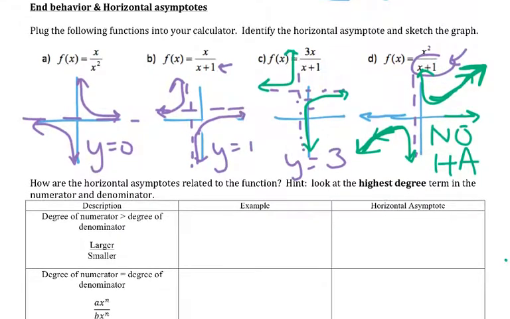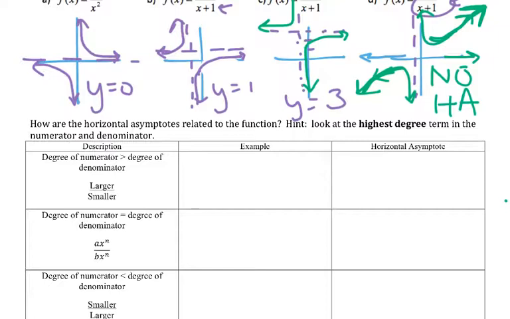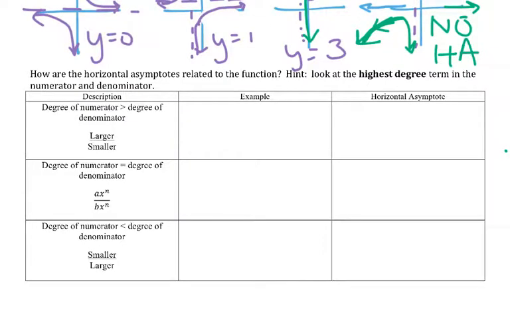Okay, so the question is, how do we figure out what the horizontal asymptote is without using a graphing calculator? This table will help us determine. If you look at the degree in the numerator and the degree in the denominator, and the degree in the numerator is larger than the degree in the denominator, we call this top-heavy.